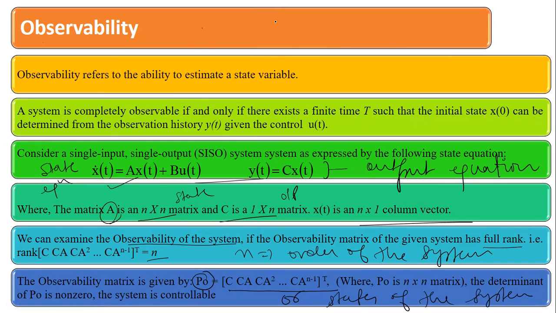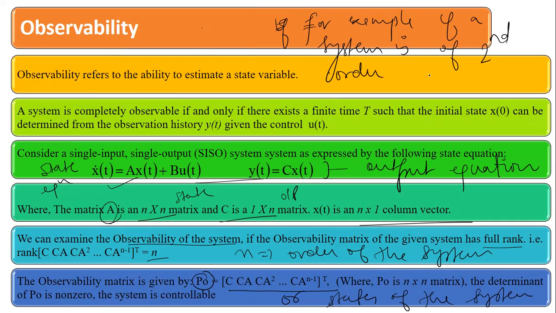For example, if a system is of second order, then n is equal to 2, right? That means the system has two states.